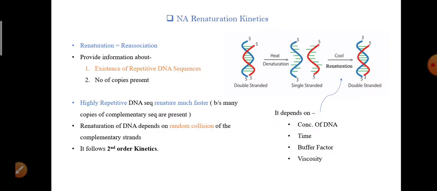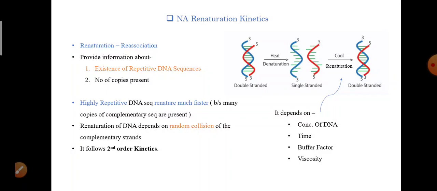And this renaturation depends on the concentration of the DNA, the time given for the renaturation, and a buffer factor, which helps in the renaturation. There is also a viscosity factor. In case of pure DNA, there is no role of viscosity, but if there are impurities like protein, there may be some viscosity factor also.